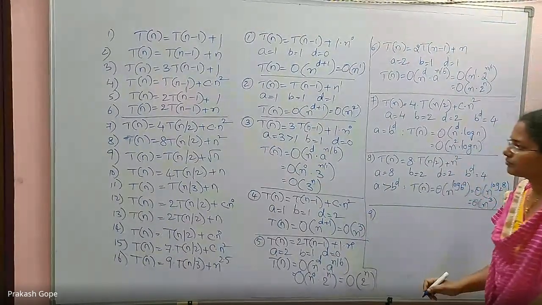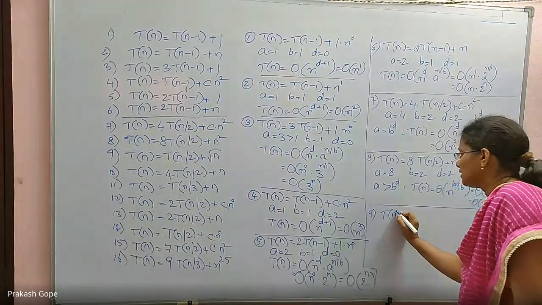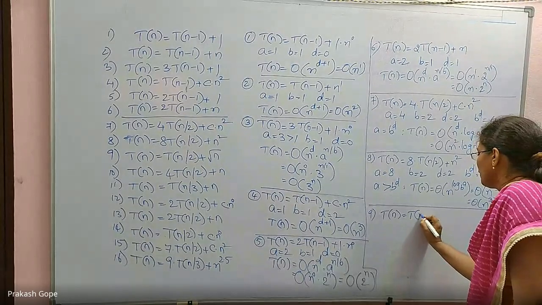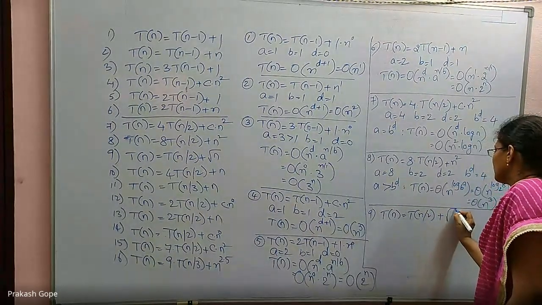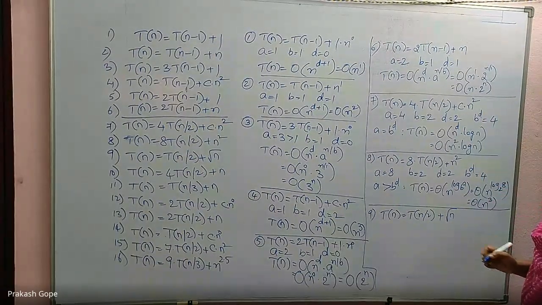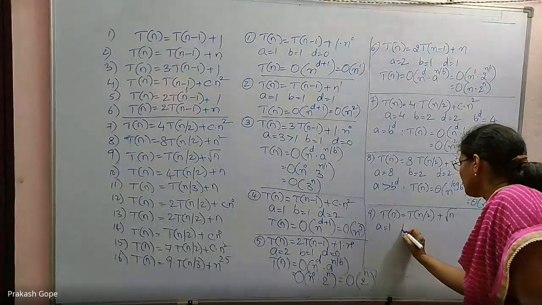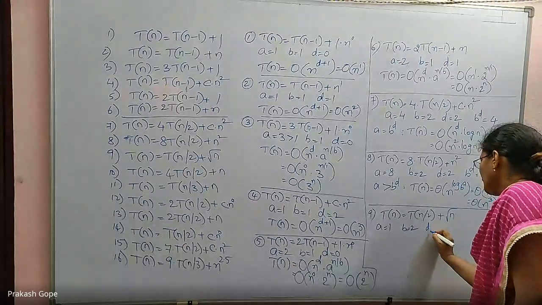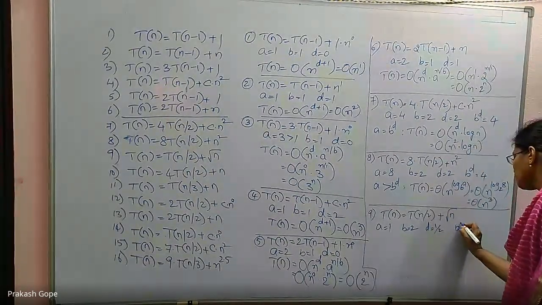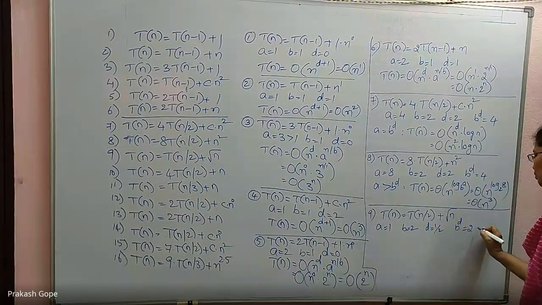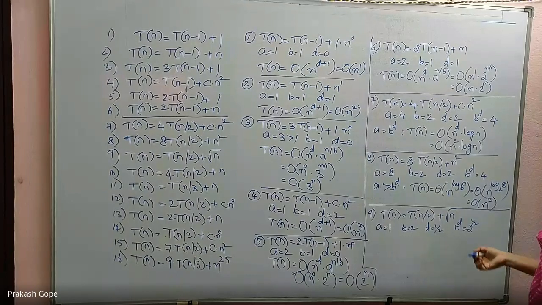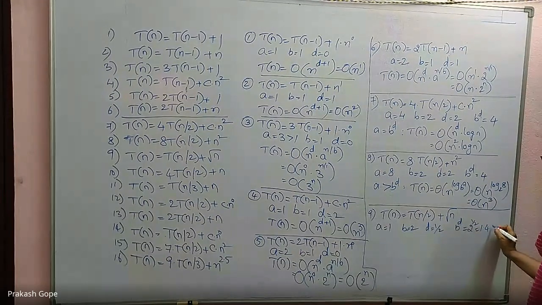Ninth question. T of n is equal to T of n by 2 plus root n, which means n power 1 by 2. Right, A equal to 1, B is 2, D is 1 by 2. So what is B power D? 2 power 1 by 2 means square root of 2. What is square root of 2? 1.414.